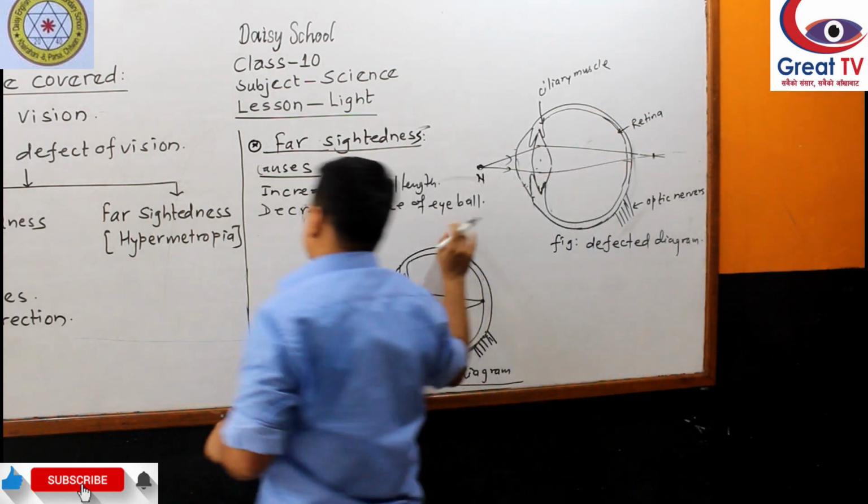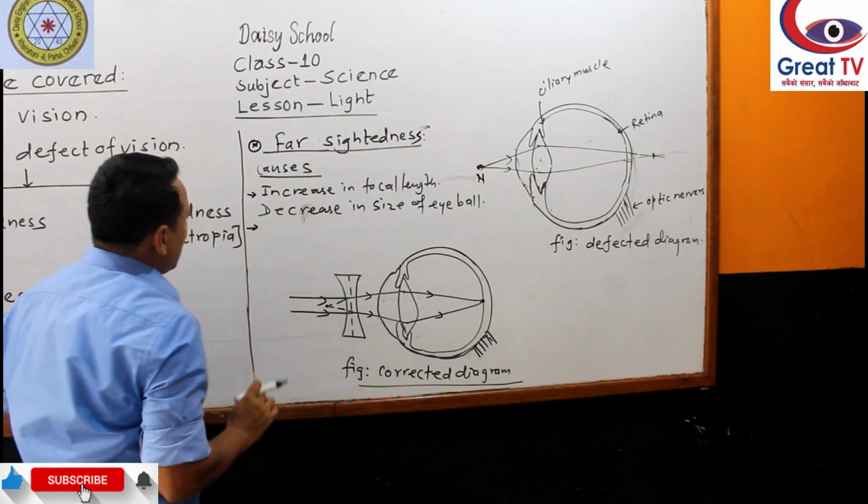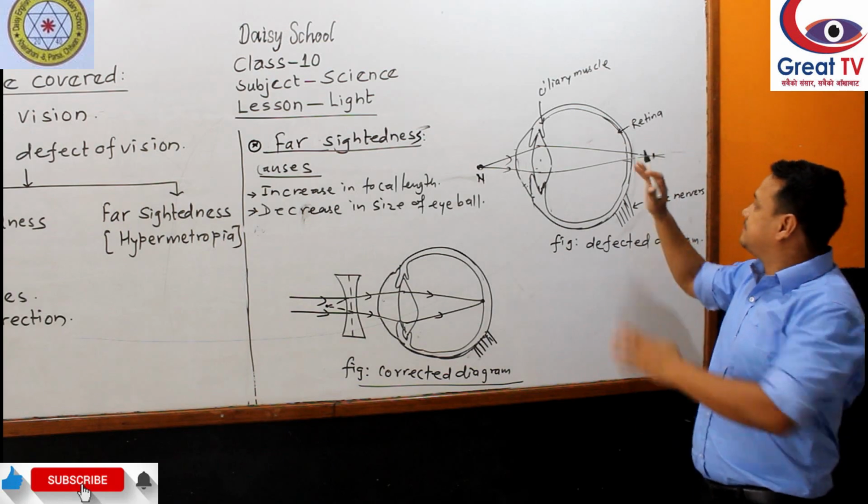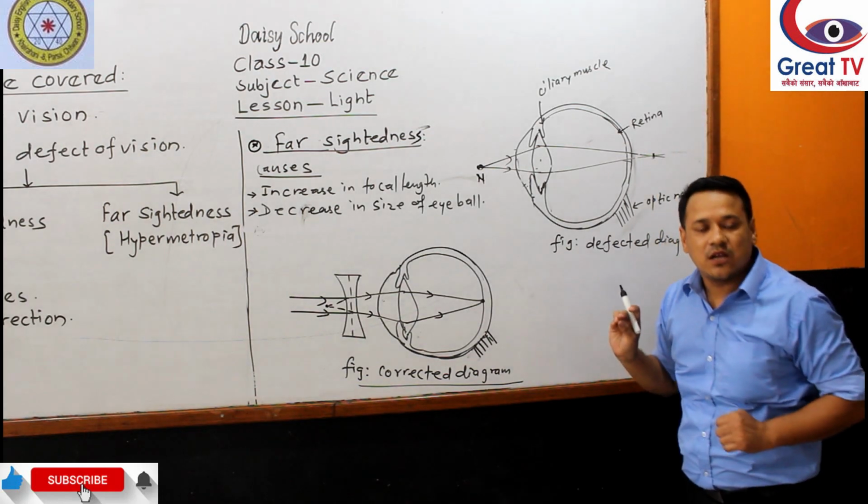Another one here: the intersecting point remains behind the retina.